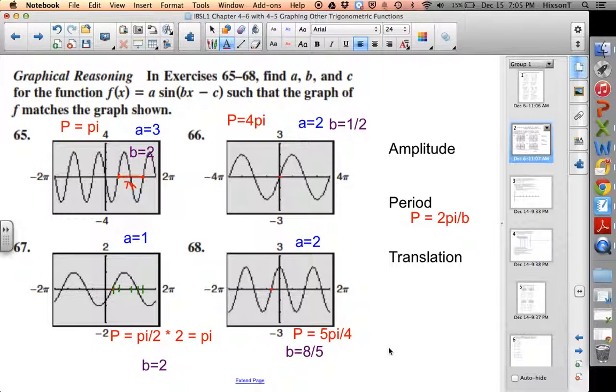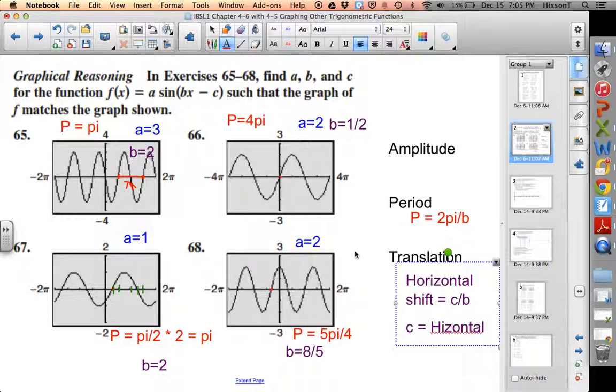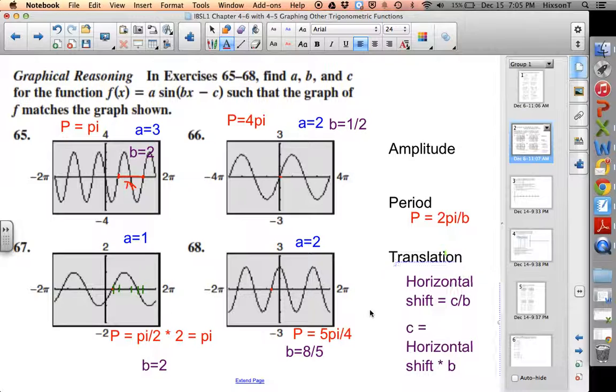Alright, once you have those, then it's a matter of identifying the translation. And what we learned was that the horizontal shift will equal C over B. So in order to figure out what C is, we need to do the horizontal shift times B. Here we have a horizontal shift on number 68 of negative pi over 4.